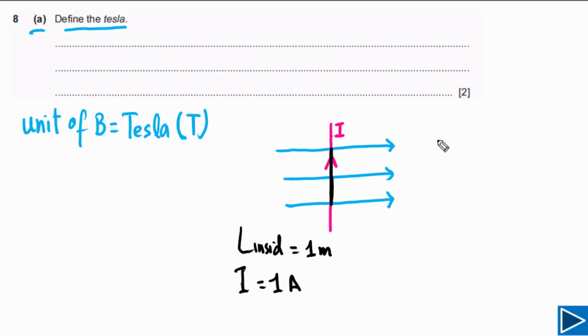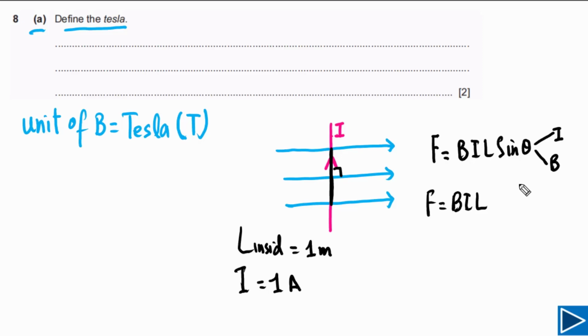First of all, let's try to understand the formula for magnetic force. Magnetic force F is equal to BIL sine theta, and theta is the angle between B and I. If the angle between these two is 90 degrees, then F is equal to BIL, because sine 90 is equal to 1.